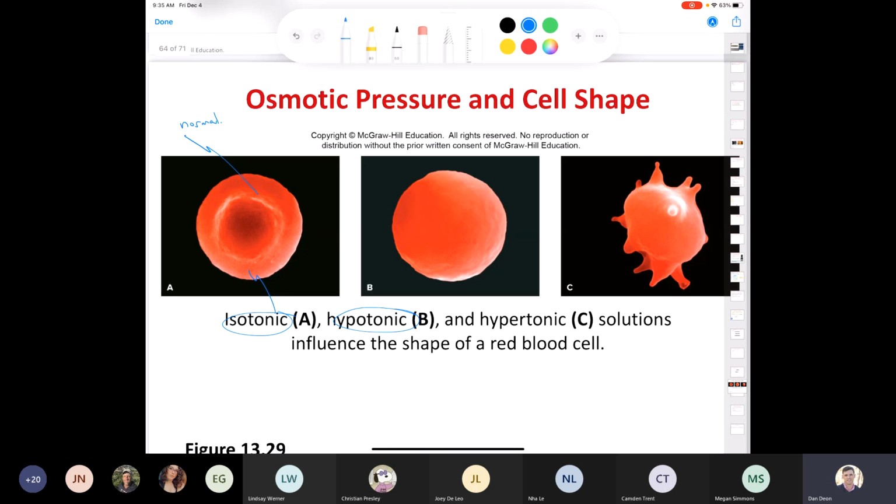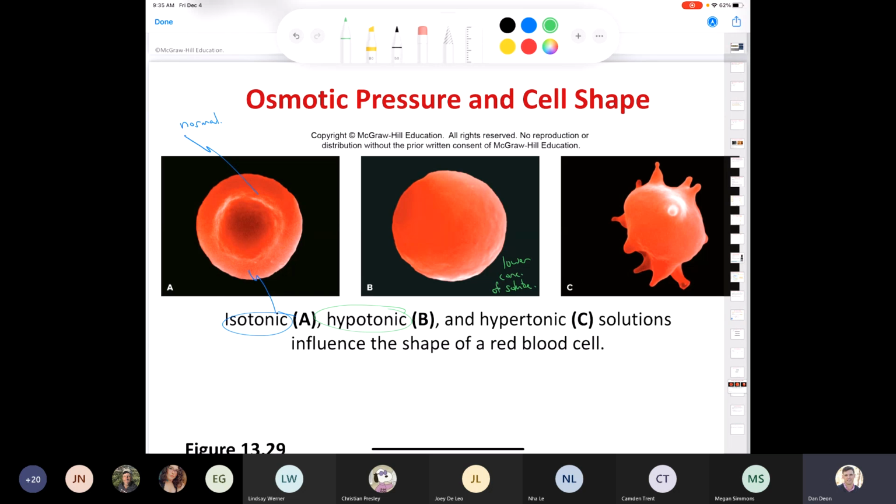But when we put it in a hypotonic solution, what the heck's a hypotonic solution? Well, a hypotonic solution is one where the surrounding environment has a lower concentration of solute particles.